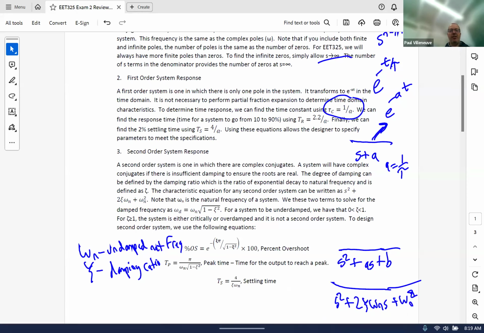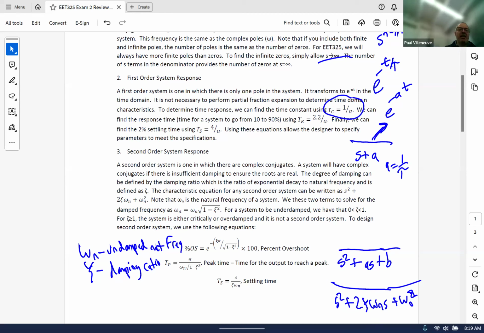So for the second order system, now we know if it's an underdamped system, these equations are the only ones that are applicable. We can calculate percent overshoot, and the percent overshoot is a function of zeta. The reason why we calculate zeta this way is because we're trying to limit percent overshoot to a certain value.